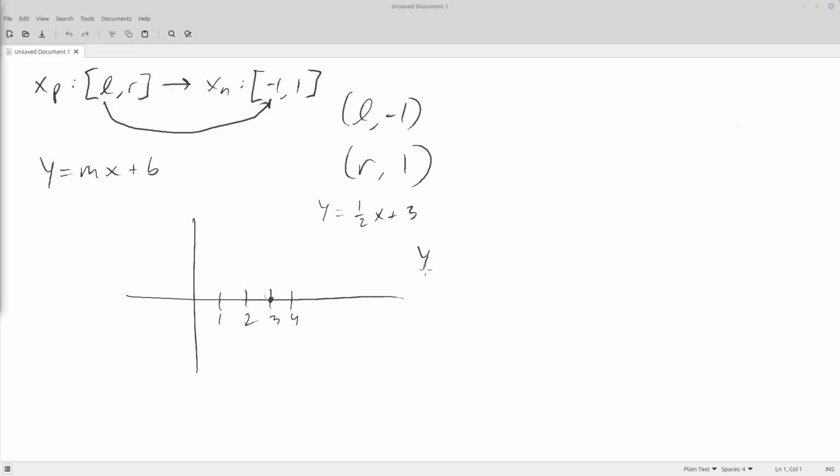So y equals 1/2 times my value plus 3. Say y equals 1.5 plus 3, y equals 4.5. So if I have an x value of 3, then my y value is 4.5.